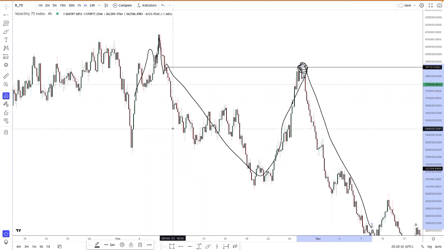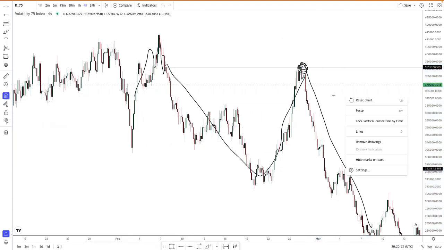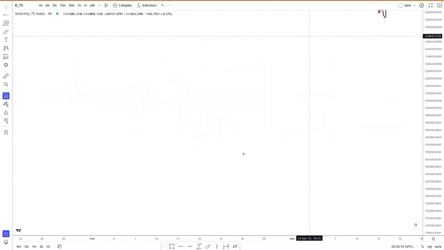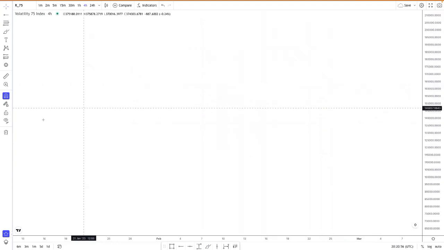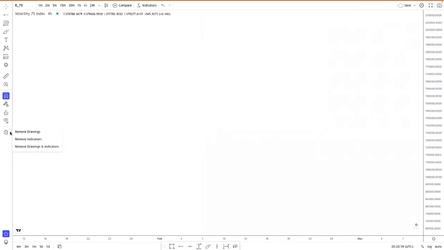And the last structure we're going to learn today is called Invalidation X. So on the Invalidation X, let's say we have this downtrend.